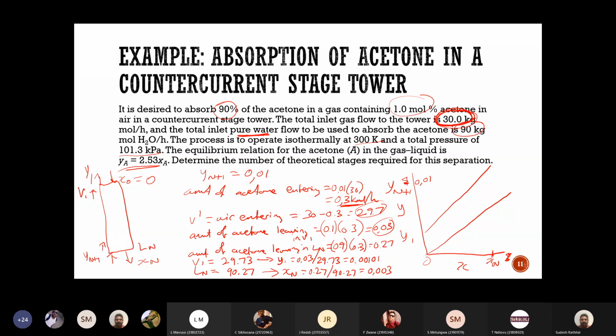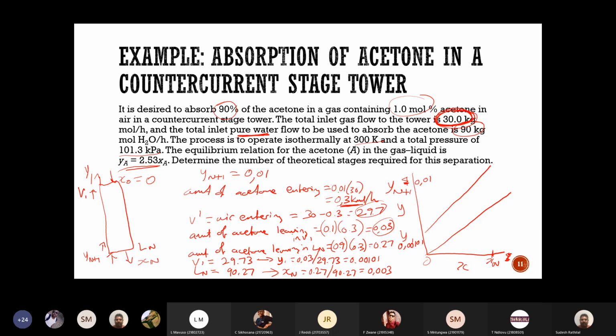So I can't plot a graph like that. I've got to work out these values before I start plotting. The maximum is 0.01. What is the minimum? Y1, which we worked out to be 0.00101. A very, very small value.